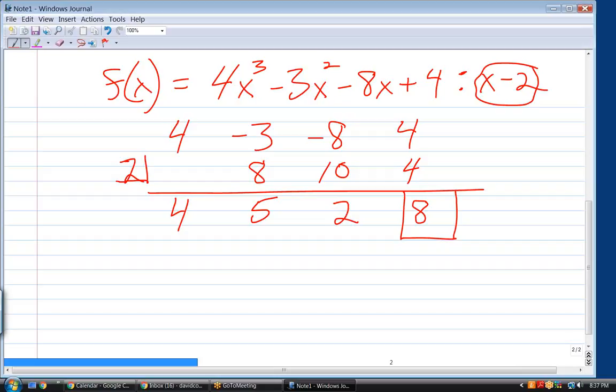Well, that's right. And also, the second part says to use the factor theorem to determine whether x minus c is a factor of f of x. In other words, for x minus 2 to be a factor of f of x, it has to give you a remainder of 0.